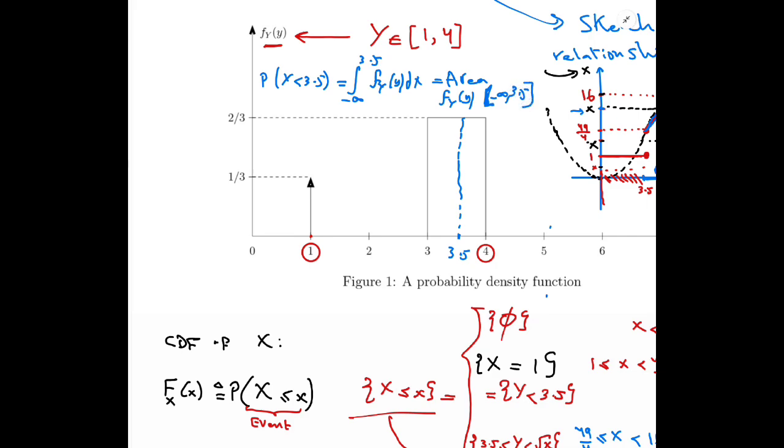And this area is decomposed into two areas. This area first is half the area of the rectangle. So the area here is half times the area of the rectangle, which is 3.5 minus 3, times the height.